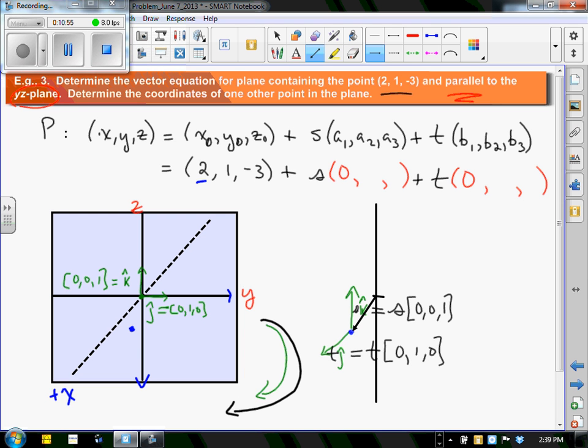So the sum of r naught along with scalar multiples of the direction vectors produce the vector r, which we saw in a previous example, which defines the plane. You can spend more time sketching this out, and I would recommend that you try to make connections to an earlier part of the lesson, but we are simply going to scale these vectors by s and t, and we have an equation for the plane.